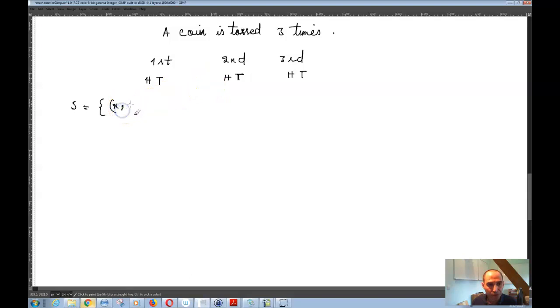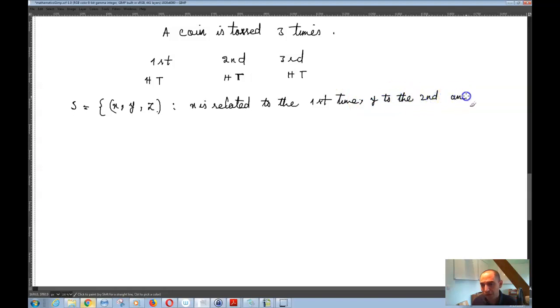Here x is related to the first toss, y to the second, and z to the third.